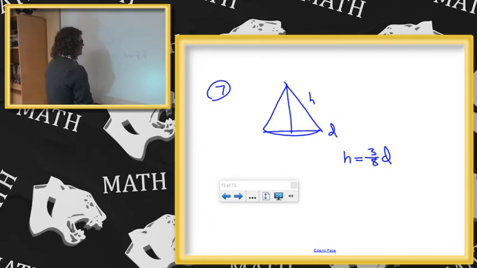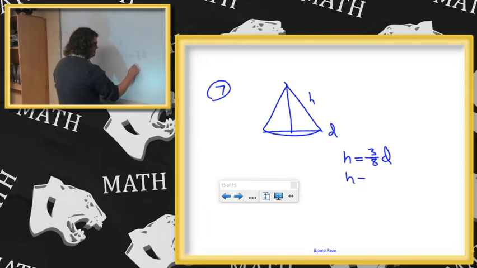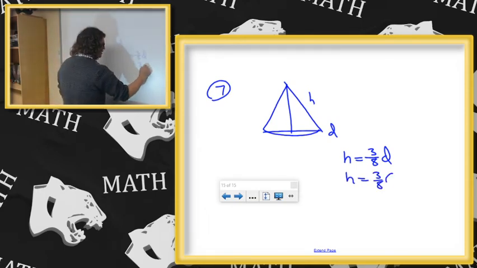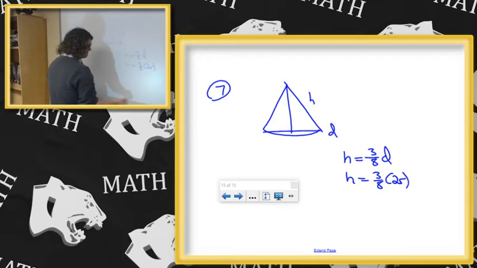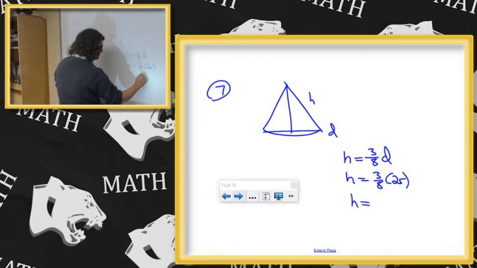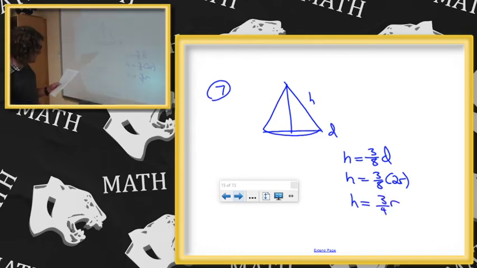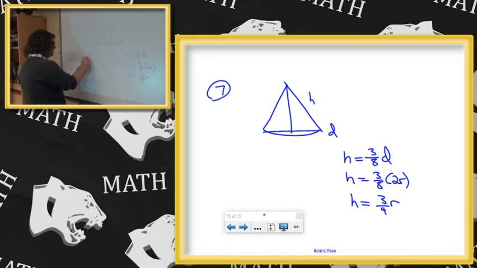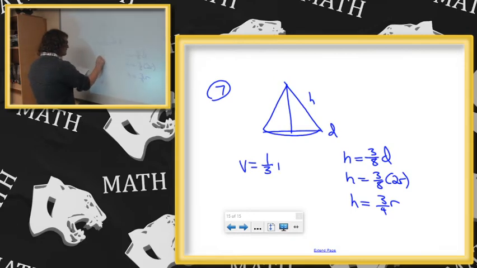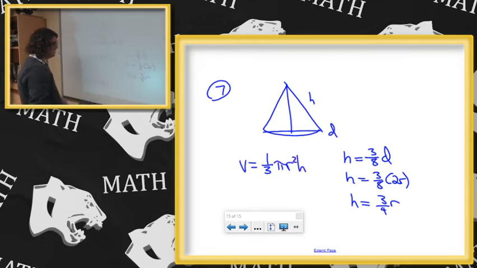So h is equal to 3/8 times 2r. So h is equal to 6/8, which is 3/4 r. Might use that in a second. We know that the volume of the cone is 1/3 pi r squared h.